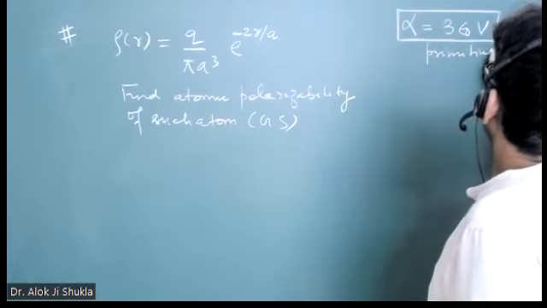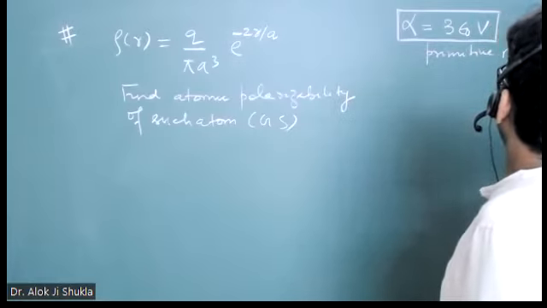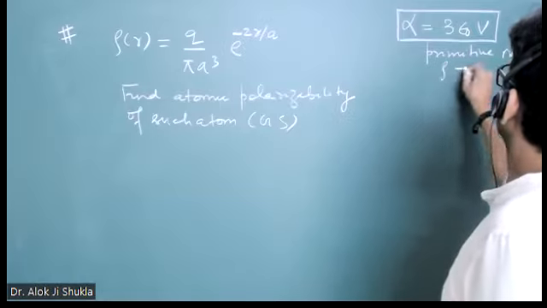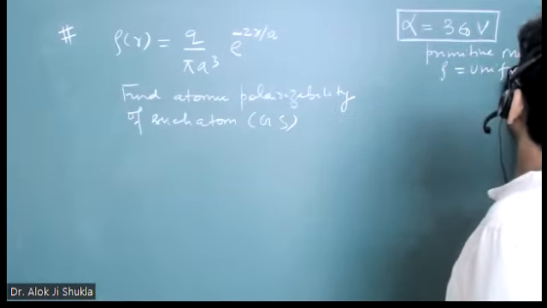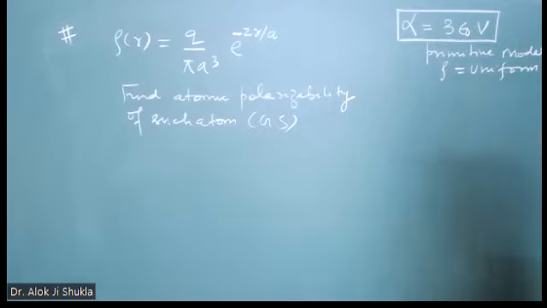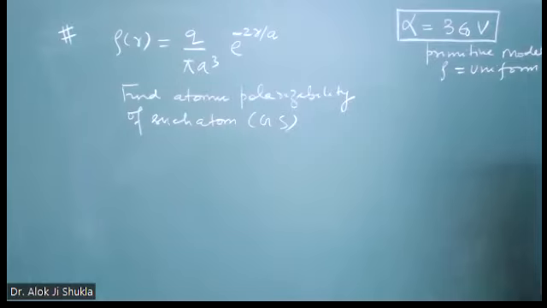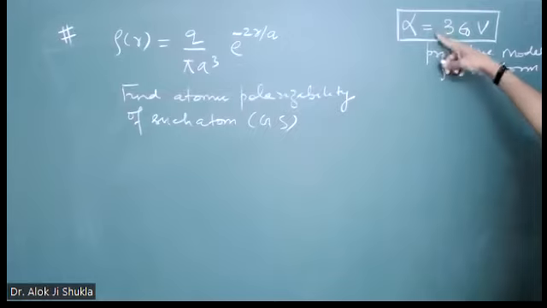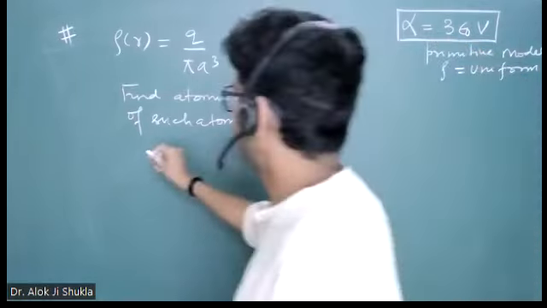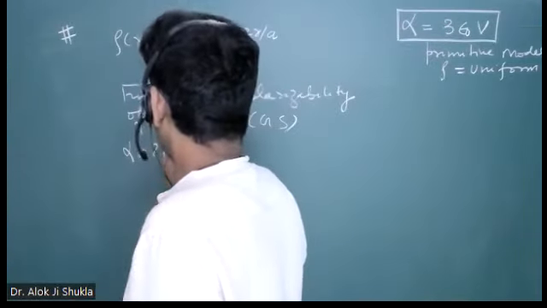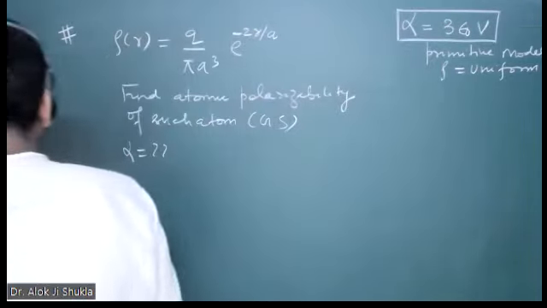What was primitive in that? Rho was uniform, remember? How did I take the charge density? I had taken it uniform, whereas the charge density, if you look at it from quantum mechanics, is something like this, right? So now can you suggest, obviously alpha will not be this, it will be something different here, yes or no? So can we calculate the value?